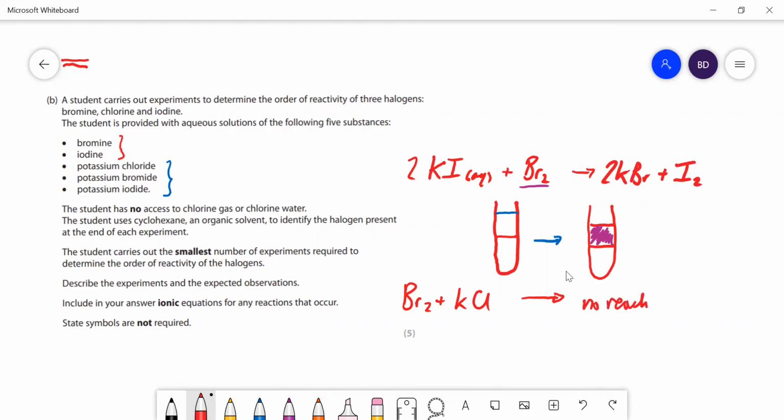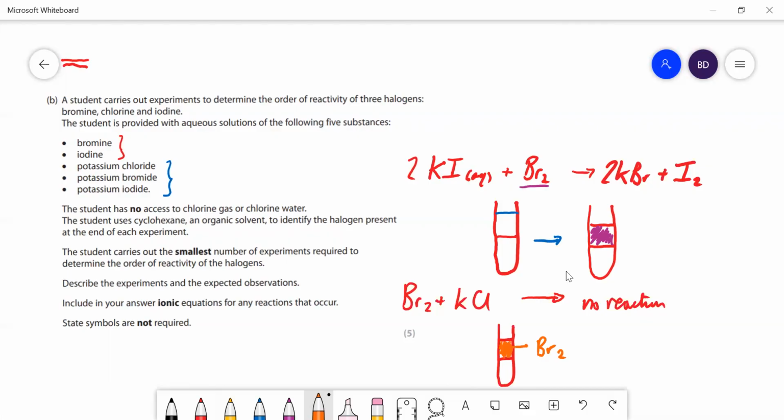So you would end up with a test tube with bromine in it. Again, to identify it unambiguously as bromine, you would add some cyclohexane, you'd shake it, and you get that orangey color, and that would tell you that you had Br2 in the cyclohexane layer. So that would tell us that chlorine is more reactive than bromine.